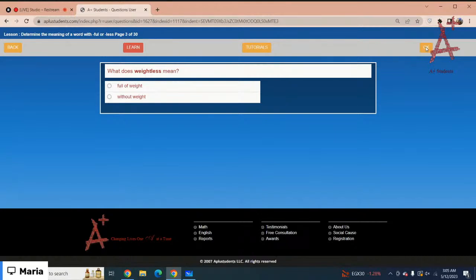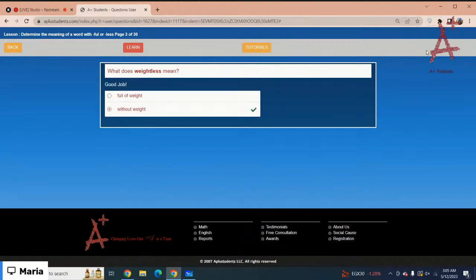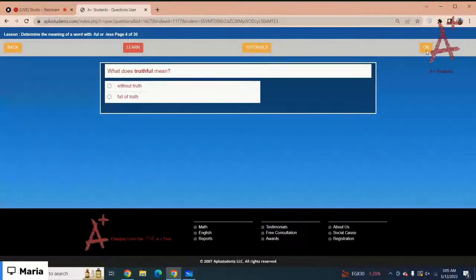What does weightless mean? Less means without. Got it? So weightless means without weight. The correct option is without weight. Next, what does truthful mean?